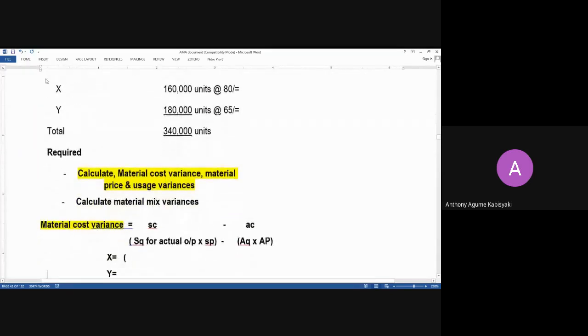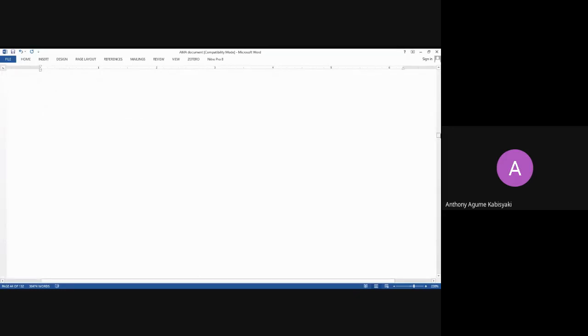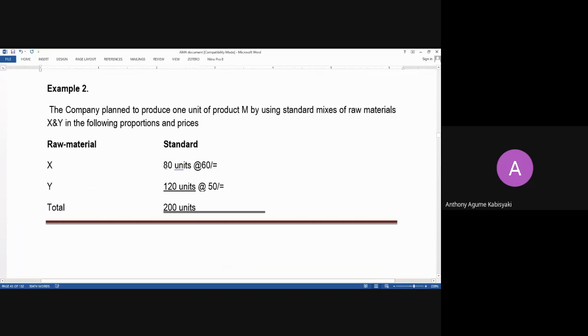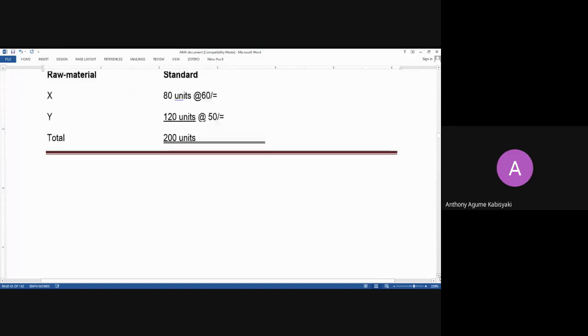For X, it is given as what? 80 units. This is the standard. But I want for actual output. So meaning that I will multiply these 80 units by the actual output.